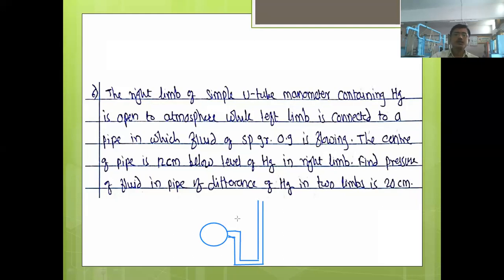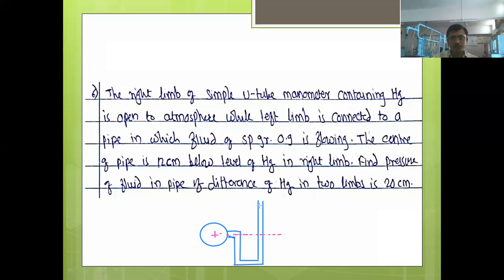Okay. Let us read the problem. The right limb of the simple U-tube manometer containing mercury is open to the atmosphere, while the left limb is connected to the pipe in which fluid of specific gravity 0.90 is flowing. The center of the pipe is 12 centimeter below the level of mercury in the right limb.